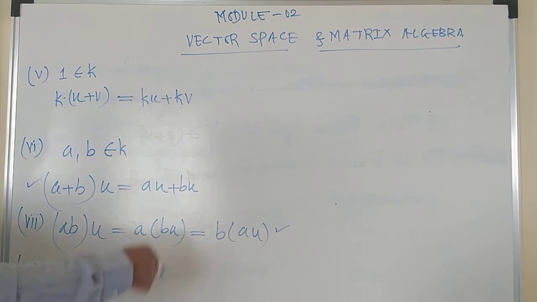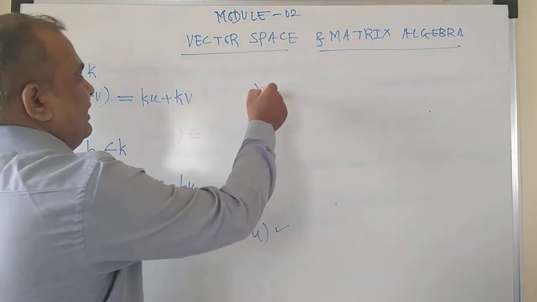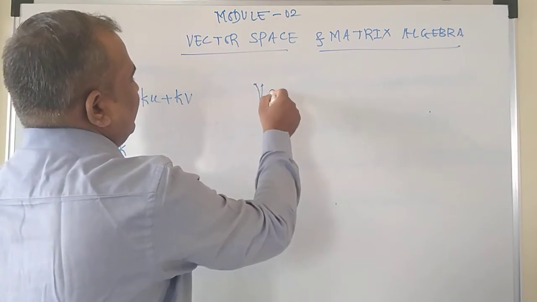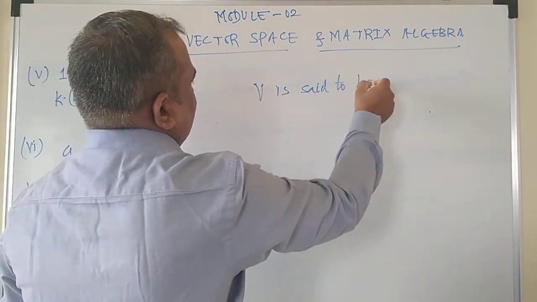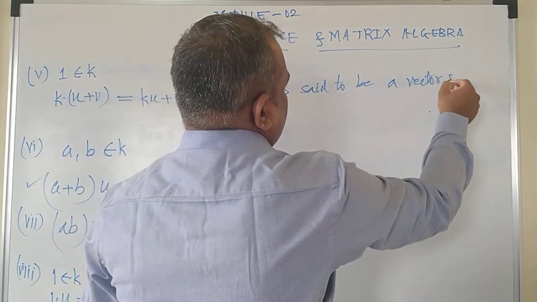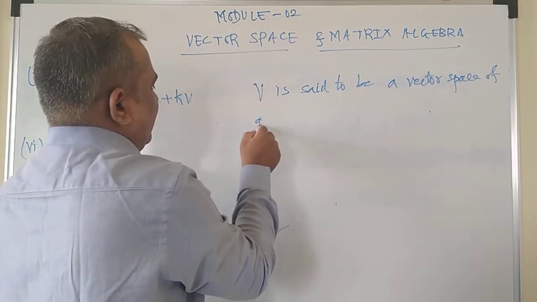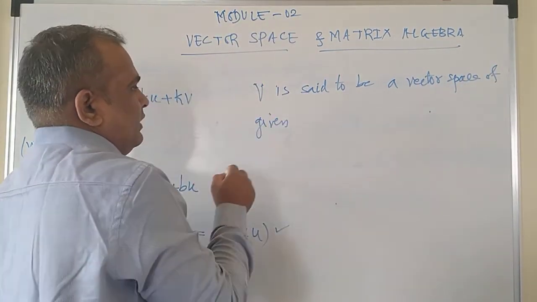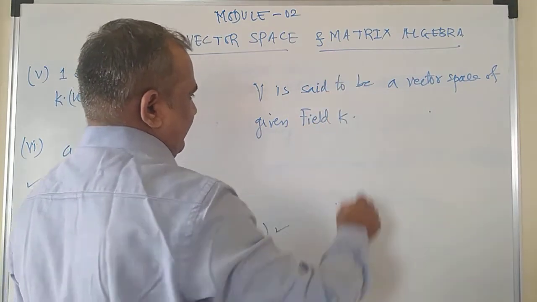If all these 8 axioms are followed by a particular vector space V, then V is said to be a vector space of the given field k.